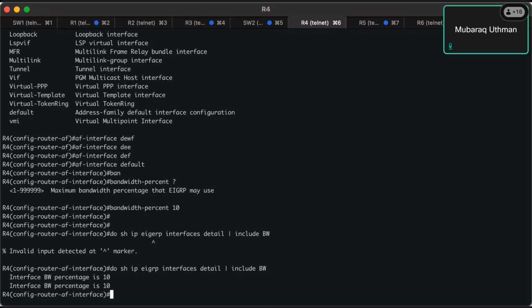Okay, so we need to understand that we have control plane, we have management plane, we have data plane, right? So now you know that this routing protocol is routing IP for us. And we are saying now, route the IP for us. That is our data plane. But on that control plane where EIGRP is running, do not use more than 10% for yourself.